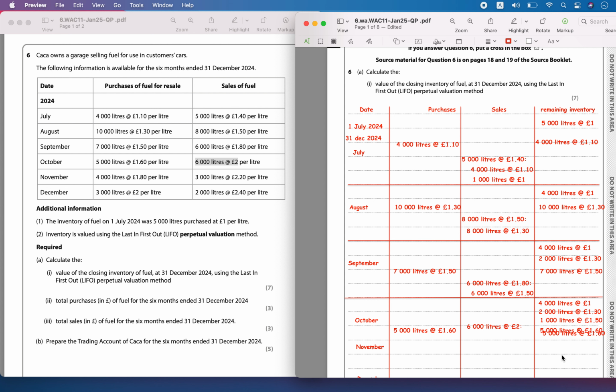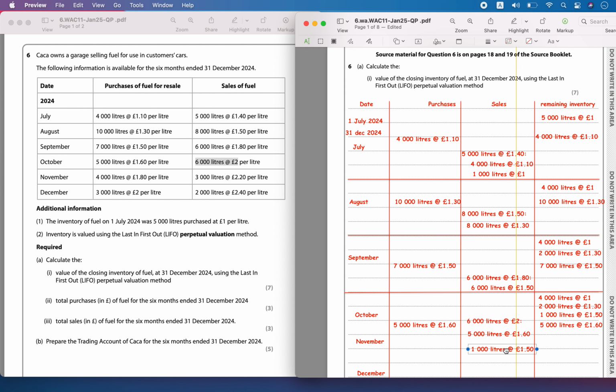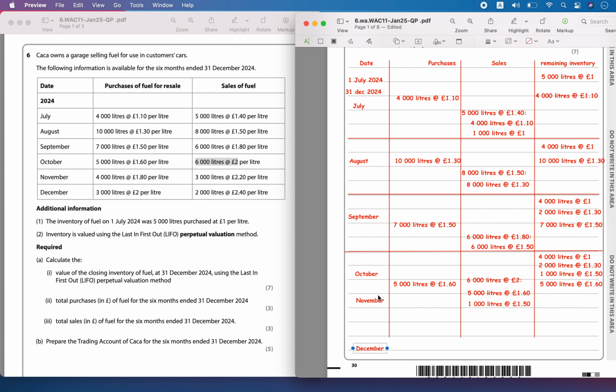From the 5,000 I will issue 5,000 at 1.60, and the remaining 1,000 I will issue at 1.50. Now after this, 4,000 will still be there, and 2,000 will still be there, and the other two have been issued.